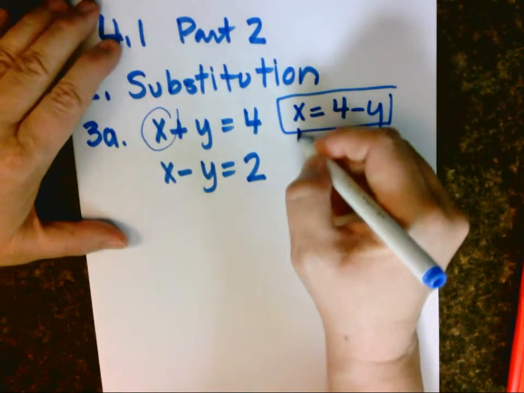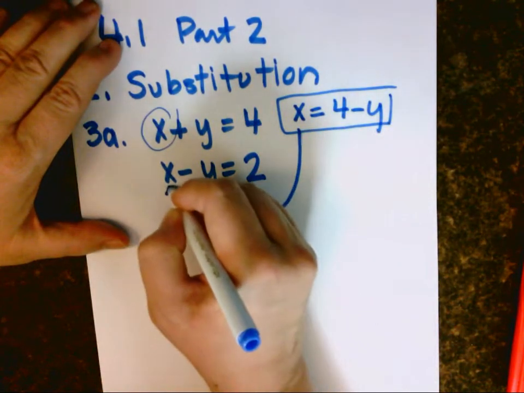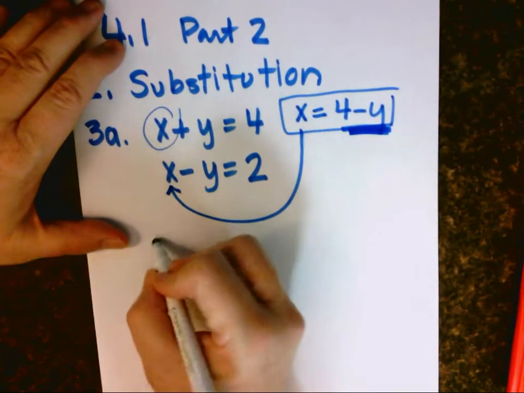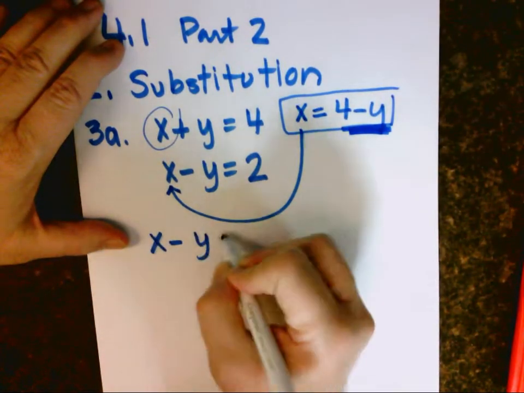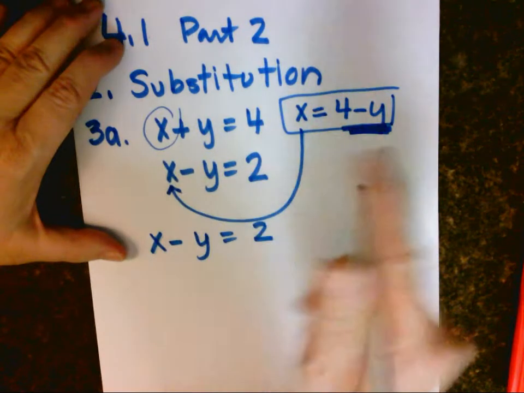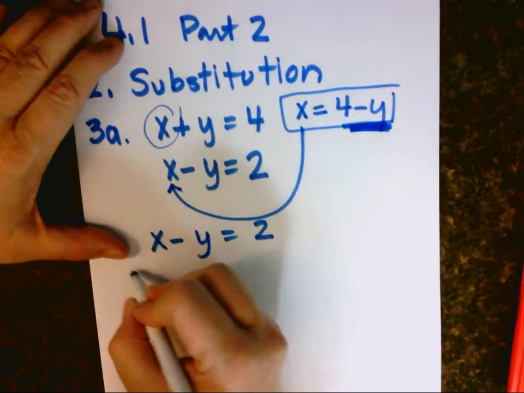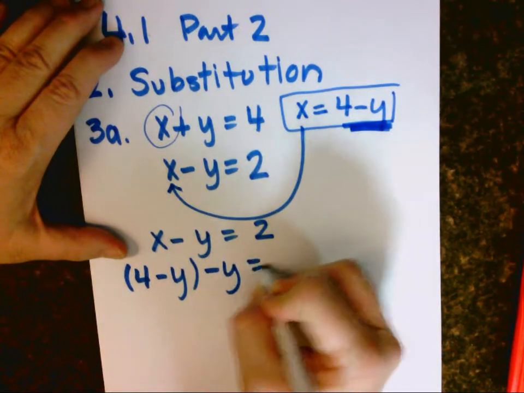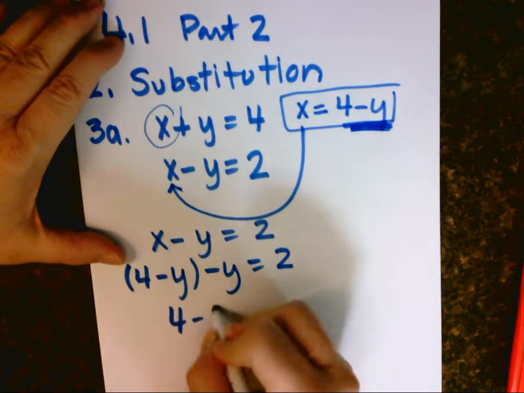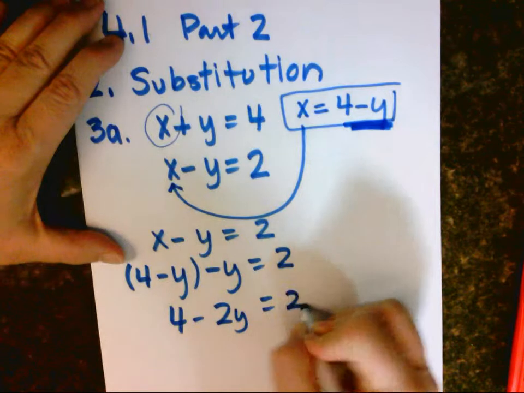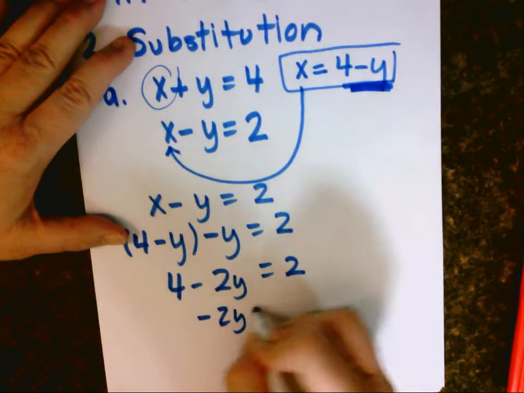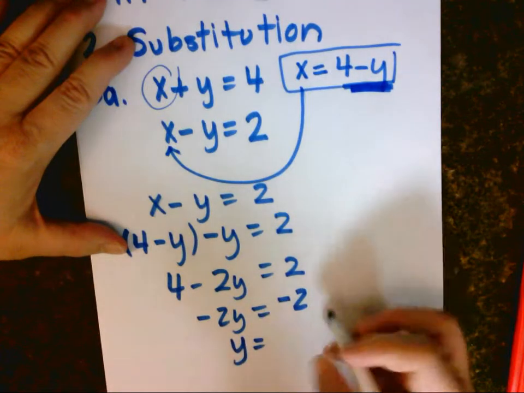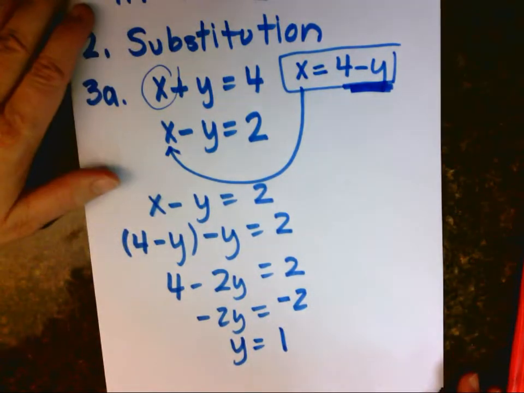So we're going to go into this equation, and where there's an x, we're going to replace it with what x is equivalent to. So I take the x minus y equals 2, and I replace the x with what x is equivalent with. 4 minus y minus y equals 2. So I have 4 minus 2y equals 2. So negative 2y equals, we subtract 4 on both sides, divide by negative 2, y equals 1.